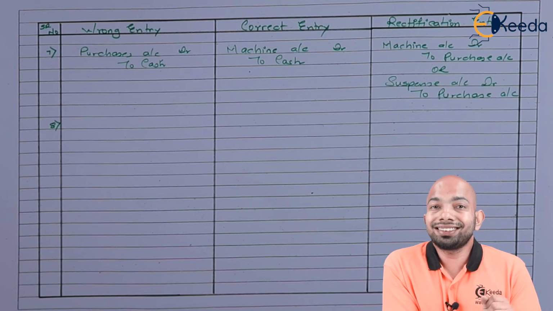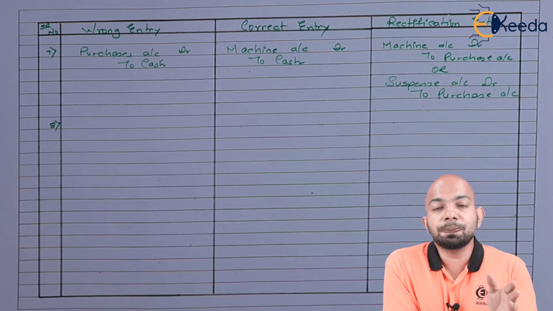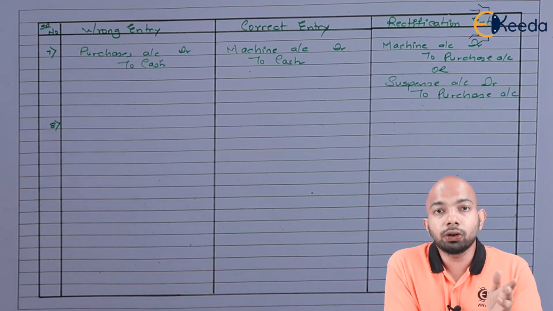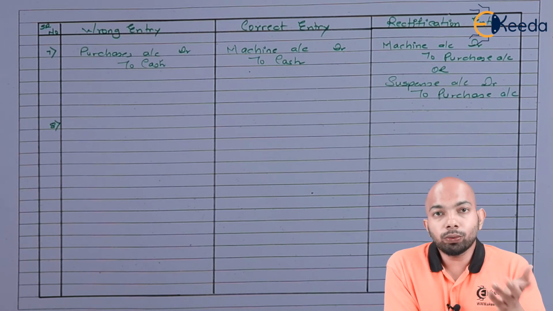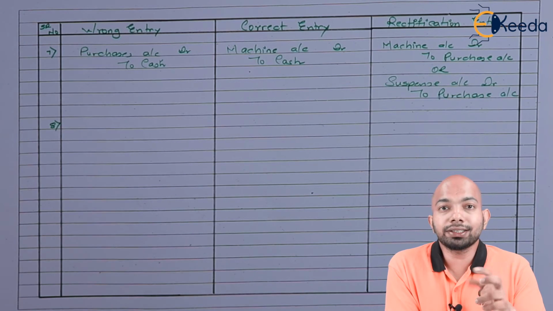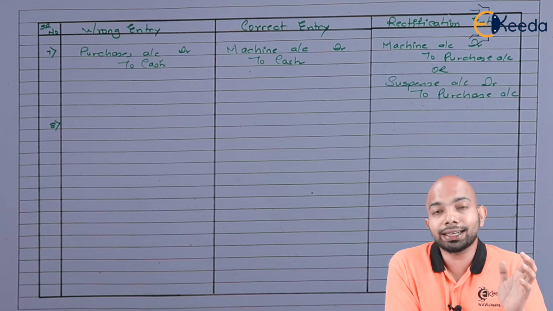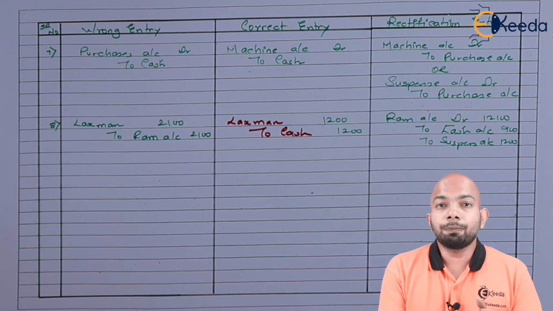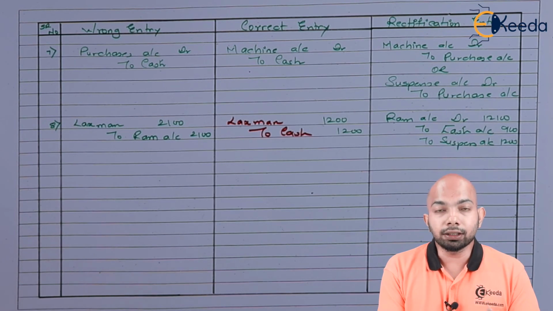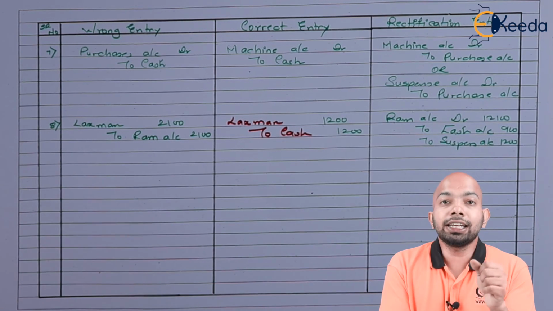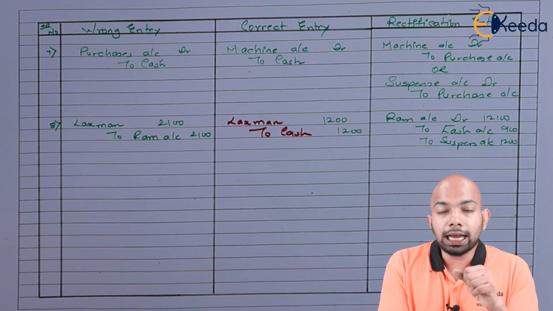Now, there was a transaction mentioned here. Cash paid 1,200 to Lakshman was credited to Ram's account as 2,100. We'll pass the correct entry first to understand the transaction nature and then figure out the wrong entry that has been passed here. The correct entry would have been Lakshman to cash.